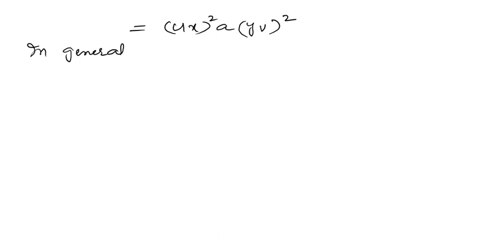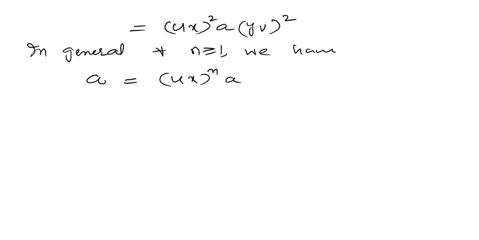In general, for every n greater than or equal to 1, we have a equal to (ux)^n a (yv)^n, because you can repeatedly apply equation 1.